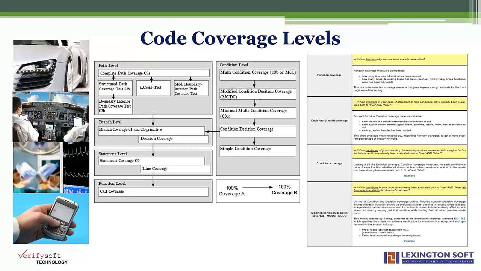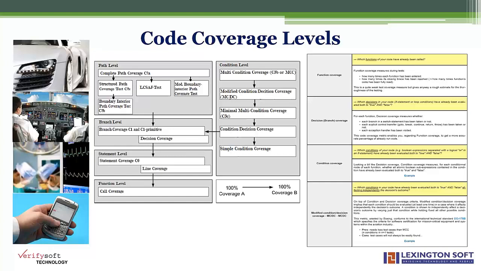It's reasonably complex because it requires the following during testing. One, you have to ensure that each entry and exit point is invoked. Also, every decision needs to take every possible outcome. You've also got to test each condition in a decision to make sure that it takes every possible outcome.